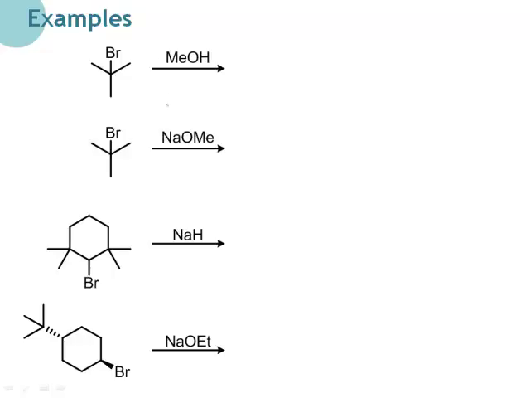Well, as we were talking about earlier, it's a pretty poor nucleophile and a pretty poor base. So you're probably going to get a bit of both the SN1 product and the E1 product, and it's not really going to go quick, nor is one really going to dominate.